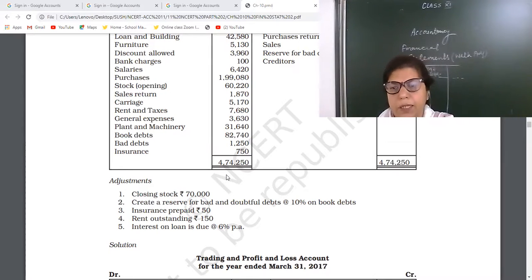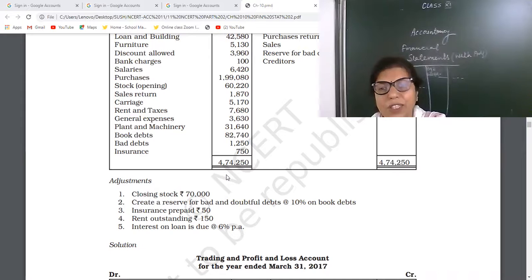Prepaid adjustments means amount paid in advance. Service is not taken, but we are paying in advance. That will be insurance prepaid. Prepaid is not related with this year.